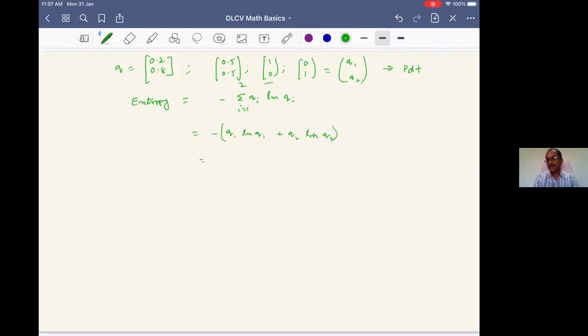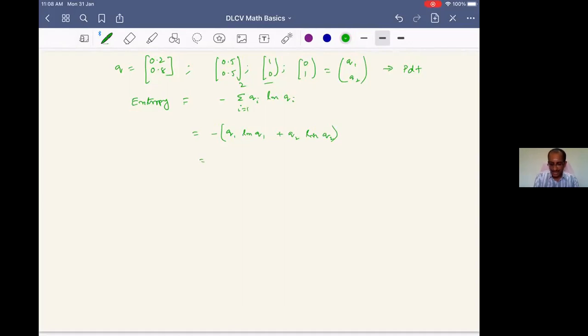There can be two outcomes or even multiple outcomes. That's why I have written it with i. I can go from 1 to 2 if there are only two outcomes. If there are multiple outcomes, say 6 outcomes, I can go from 1 to 6 and so on. If there are 10 output variables, it can go from 1 to 10.